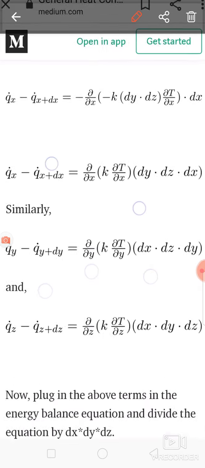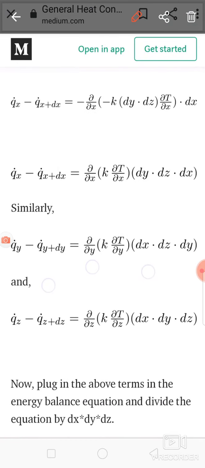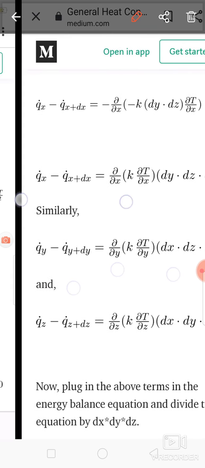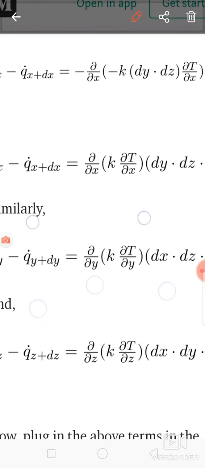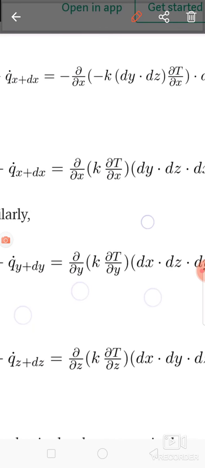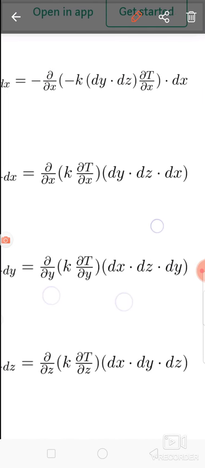What is the term along the y direction? Similarly we write the equation for the y direction, that is q̇_y minus q̇_y+dy is equal to ∂/∂y of k into dT by dy into dx dy dz. Arranging the terms, the final equation is q̇_x minus q̇_x+dx is equal to ∂/∂x of bracket k into ∂T/∂x into dy into dz into dx.